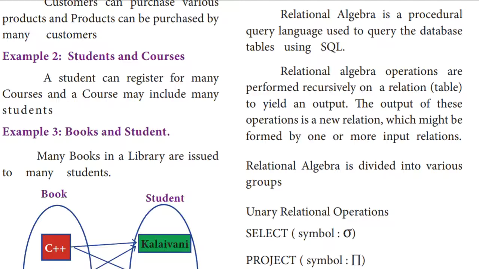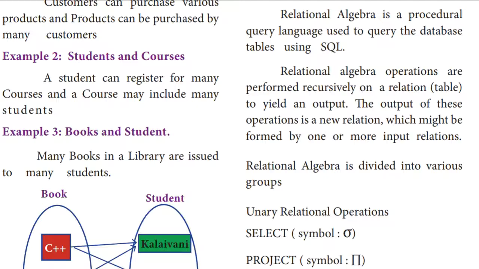The output of these operations is a new relation which might be formed by one or more input relations. So here we are doing all this work in the form of tables. When I take data from the table, the result also I get in the form of a table.